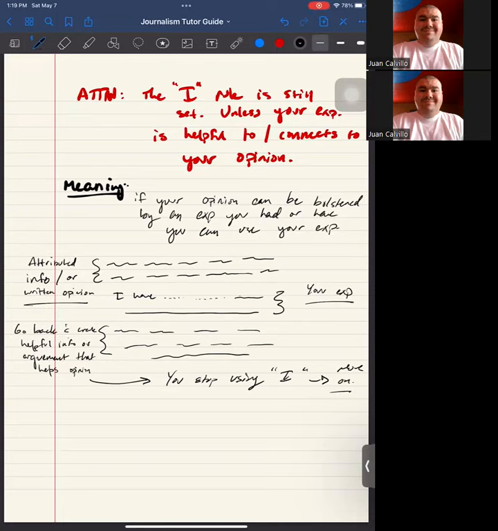Okay? So yes, you can have I in your opinions. But currently, I would suggest for all pups, I would suggest personally right now, that you stick with this part. That the I rule is set. Don't give yourself the option to add, oh, I feel like this, or this has happened to me.